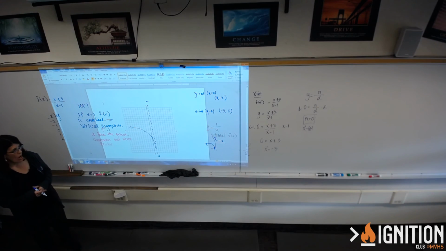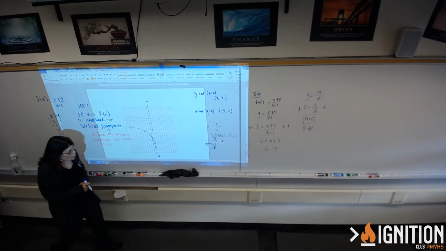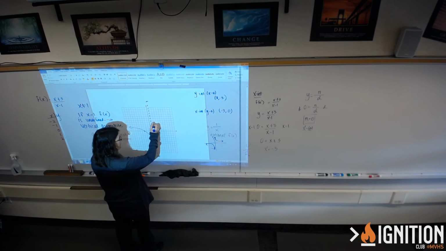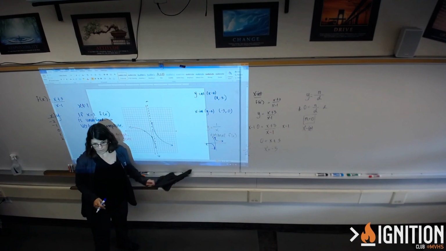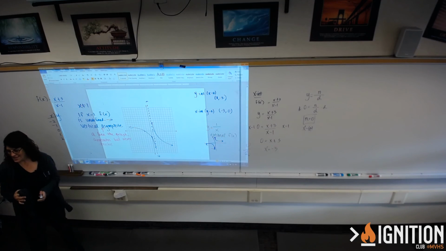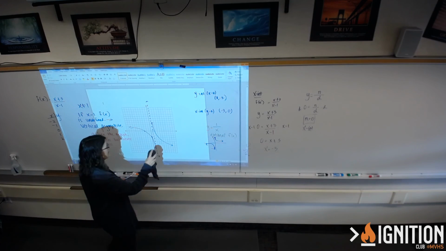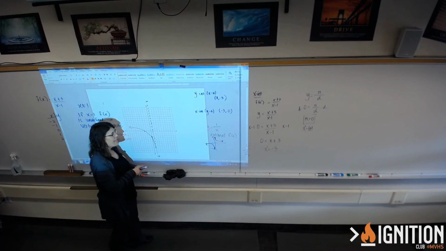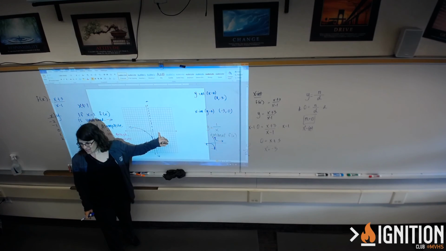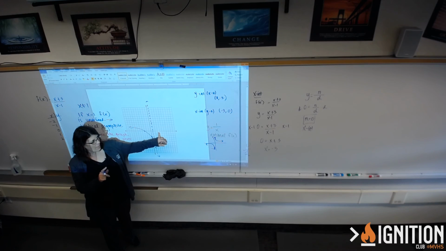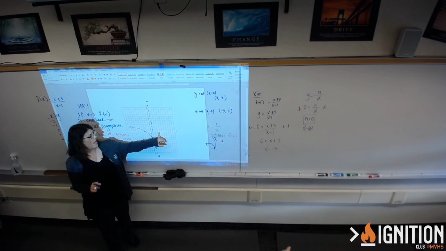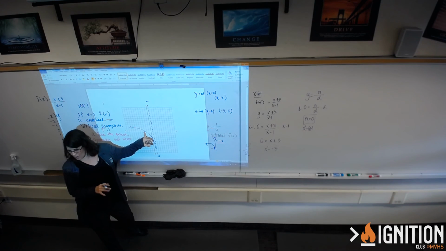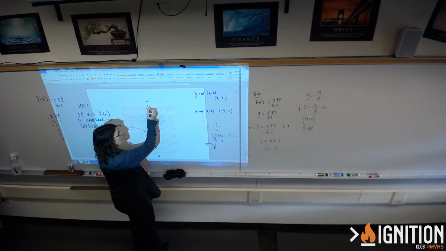What else should I draw? The one on the other side. Okay, so yeah, it can't be perfect when I've got to erase. It can't cross the x-axis because there's one x-intercept, and the x-intercept is at -3, 0, and there are no other x-intercepts.